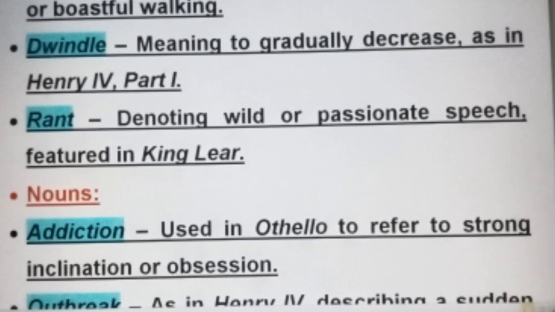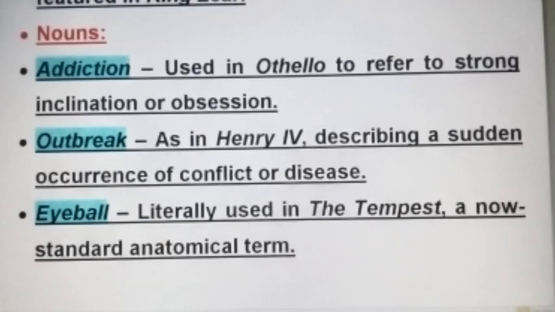Shakespeare's invented nouns include addiction, that is used in Othello to refer to strong inclination or obsession. Outbreak, that is used in Henry IV, describing a sudden occurrence of conflict or disease.